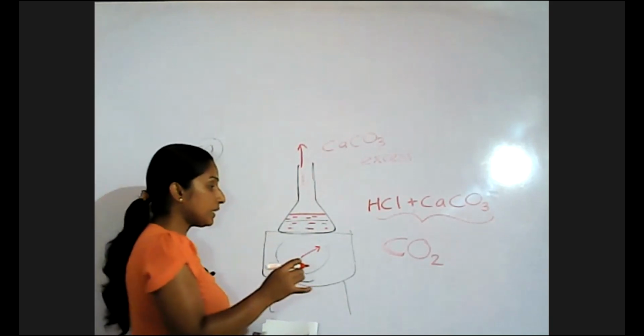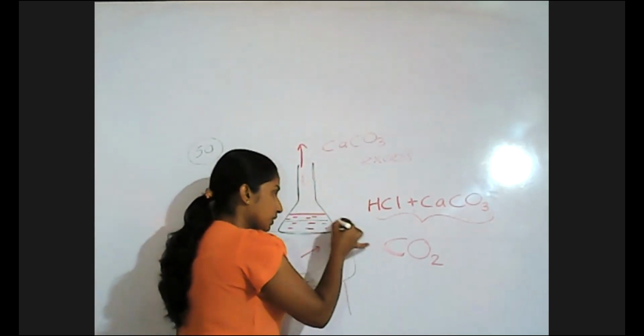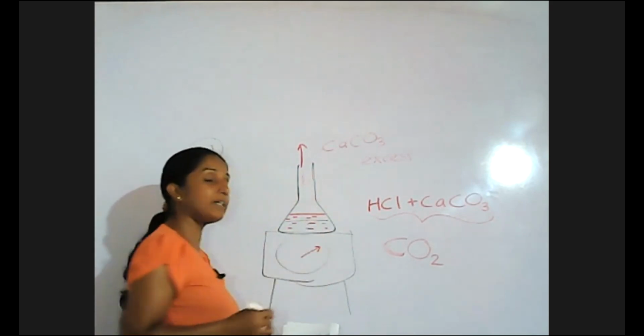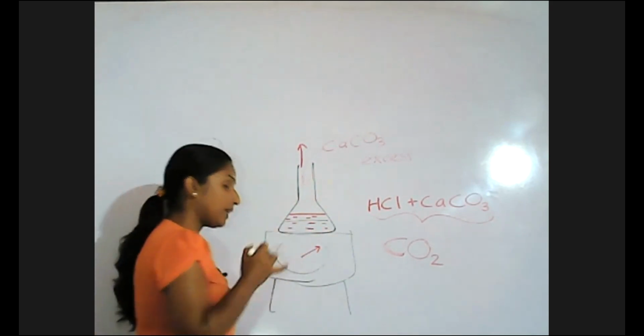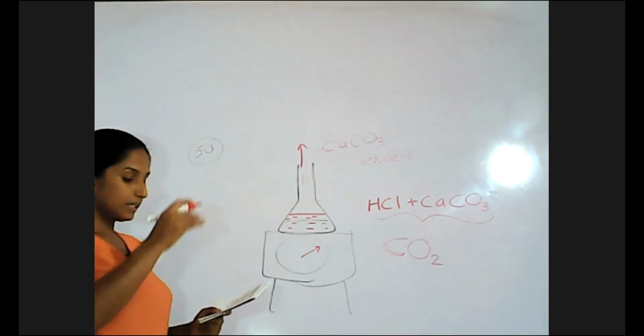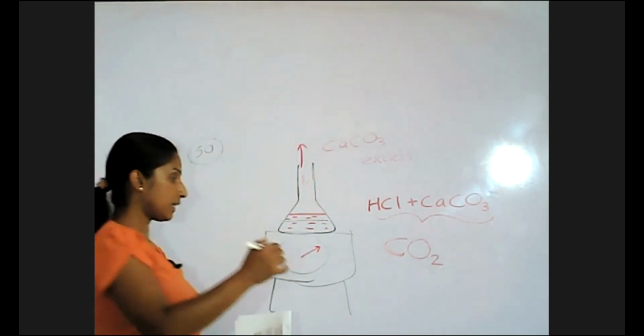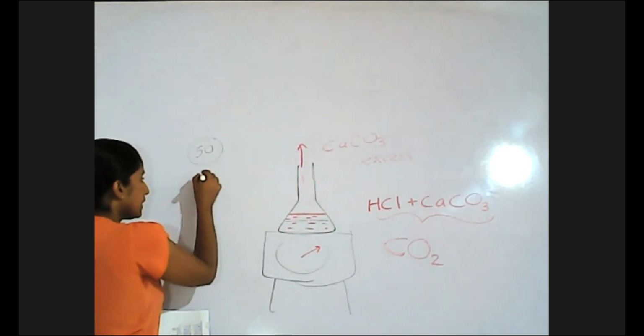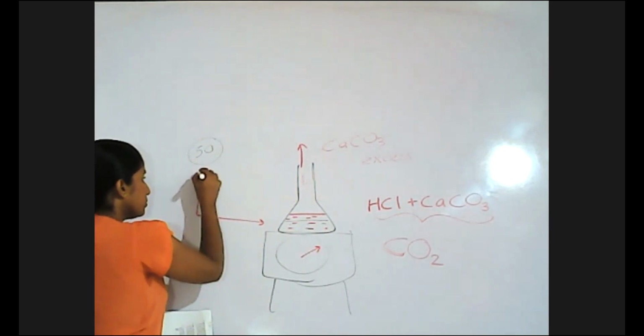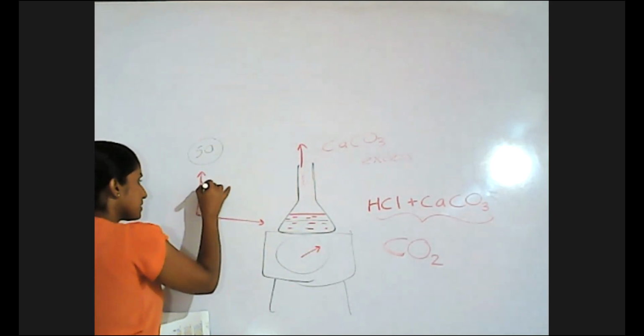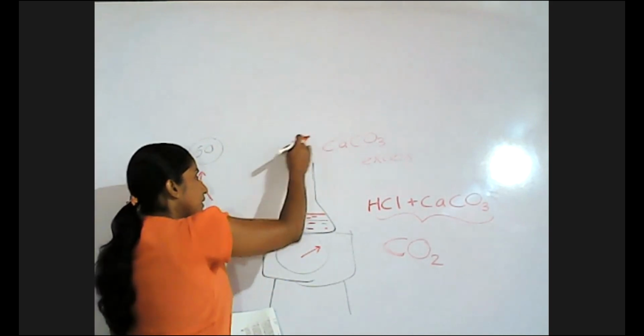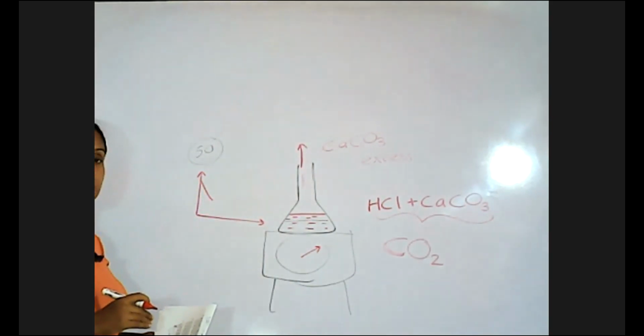Then what happens to the mass or the balance reading? Yes, it should reduce gradually. That means the mass or the weight reduces gradually, due to the releasing of the carbon dioxide.